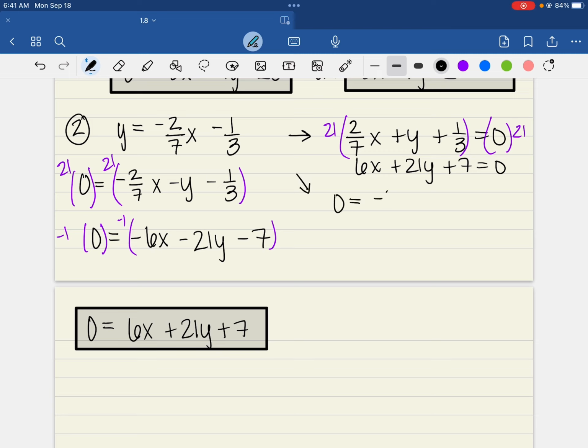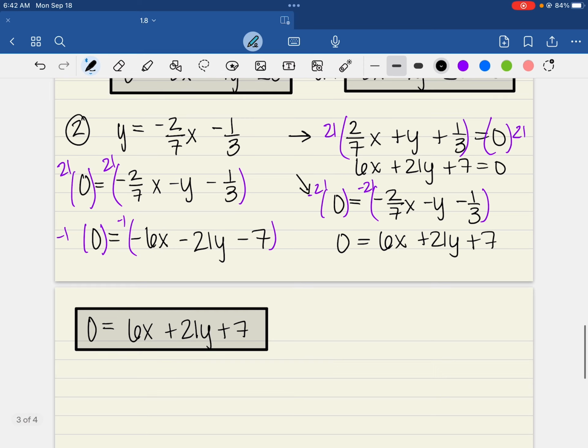So that's one method. The other method would have been multiplying by negative 21. Okay, but either way you slice it, you're going to get the answer that we found to begin with.